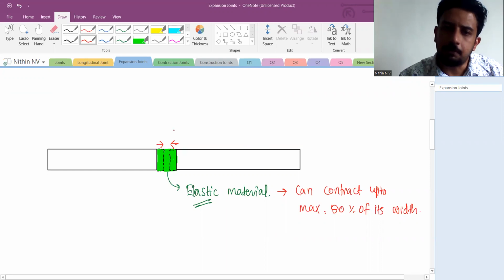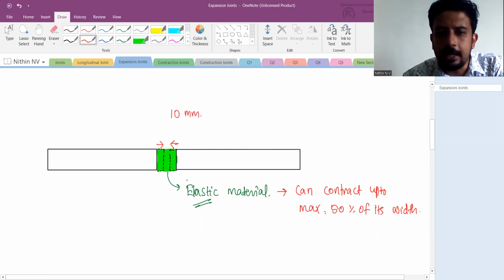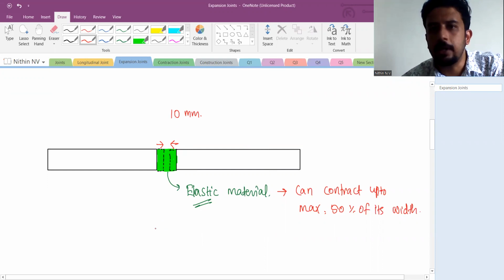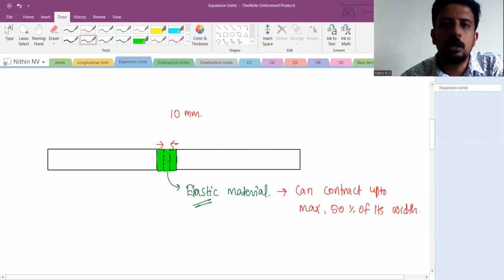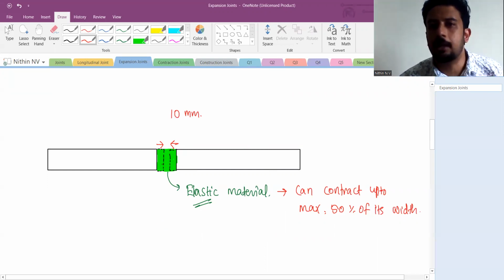Right or not? So suppose the total expansion is 10 millimeter, and if I'm keeping only a 10 millimeter gap there, will there be any problem? Of course. Why? Because the elastic material will not be able to contract by 10 mm.